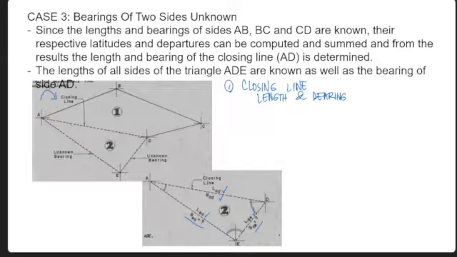So two sides and one angle, kung matatandaan nyo our triangle rule. So we can use cosine law. We have c squared equals a squared plus b squared minus 2ab cosine of the opposite angle ni c or yung kanyang interior angle.